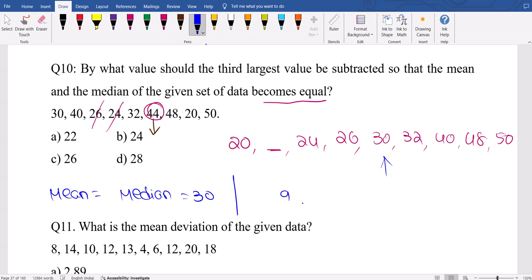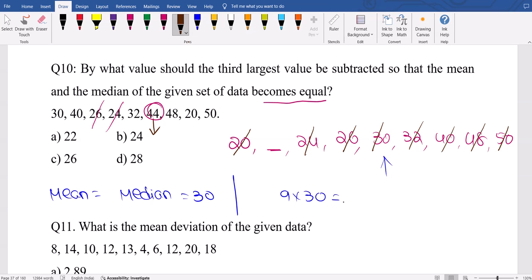So 9 into 30, 270 should be equal to the sum of all this minus some x value. So 40, 30, 40, 50, 120, 120 and 50, 170, 170 and 20, 190, 190 and 80, 270.